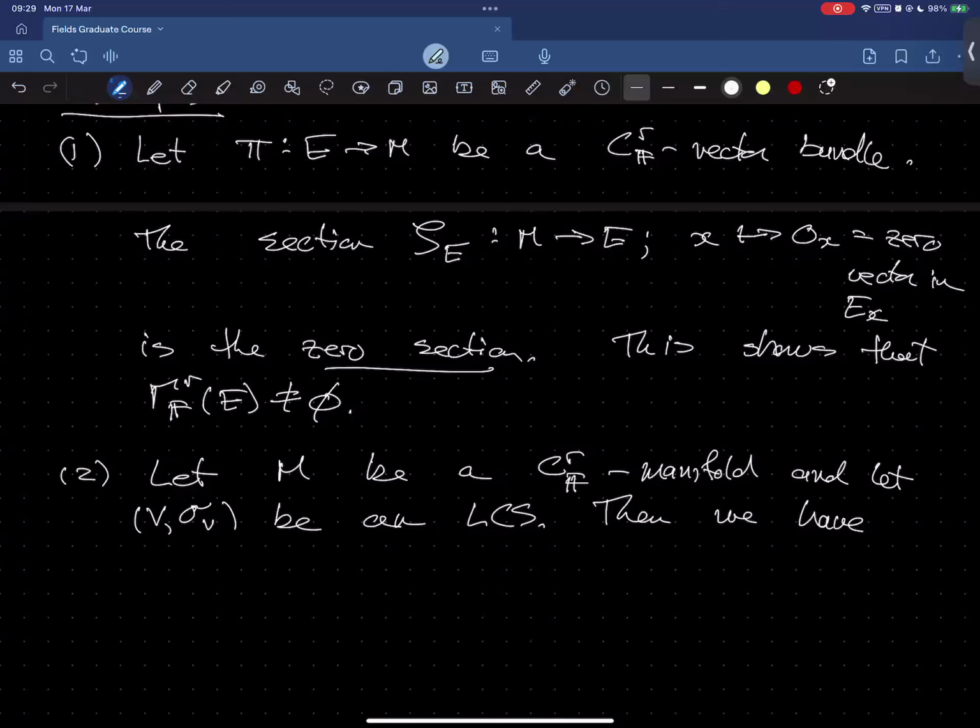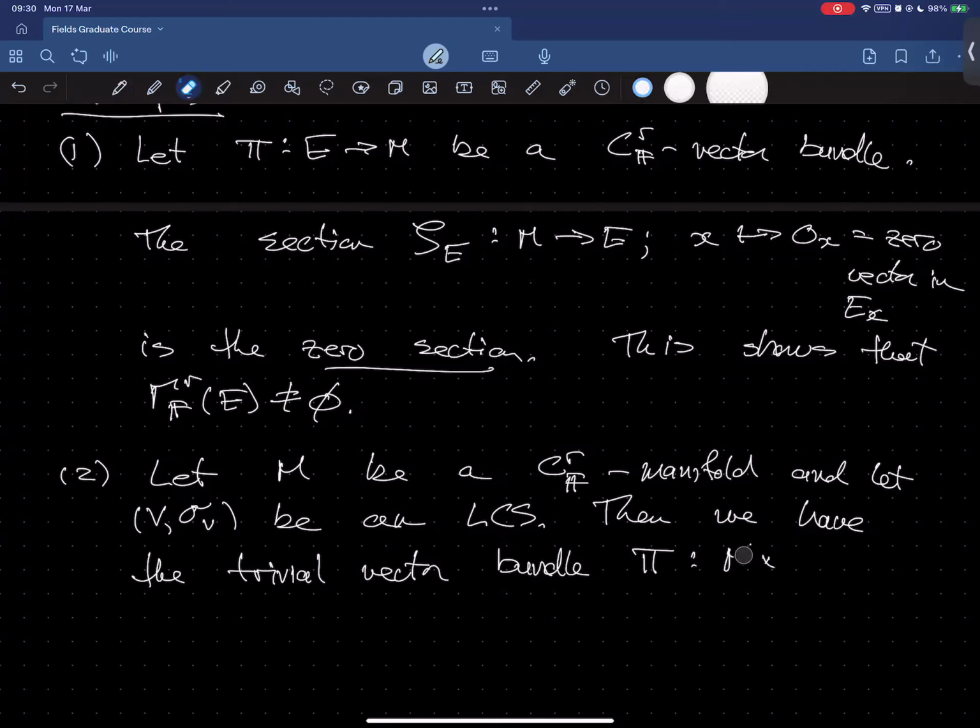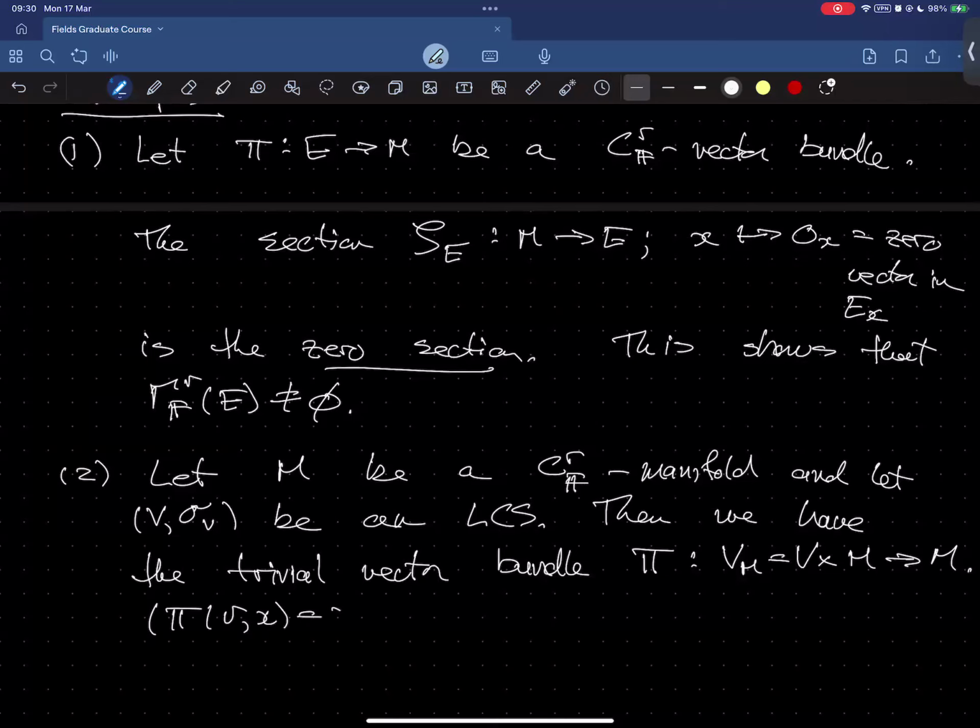So we have the trivial vector bundle, pi from V cross M to M, which I often write as Vm. Of course, pi of (v, x) is x. It's projection onto the second factor. So we have this trivial vector bundle.